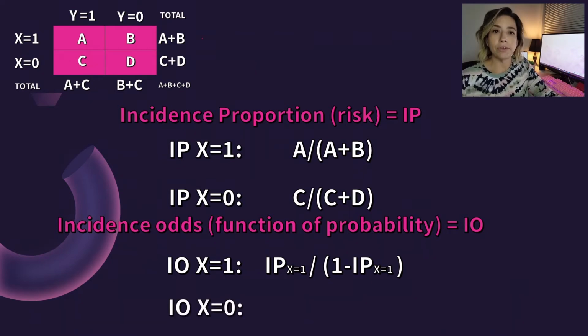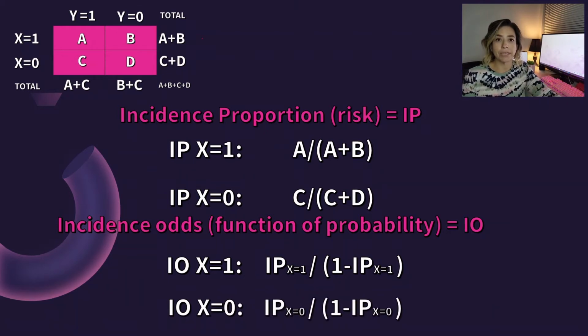In the same way, you can gather the incidence odds for those that were not exposed, and the formula would look the same: the incidence proportion for those not exposed divided by 1 minus the incidence proportion for the non-exposed. This incidence odds simplifies to A divided by B, and the same way for those that were not exposed, it simplifies to C divided by D.